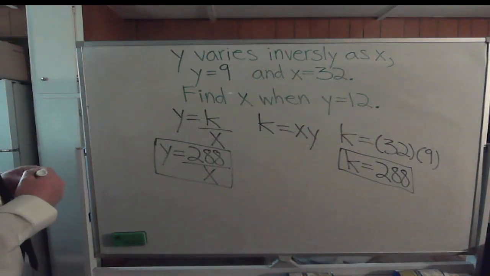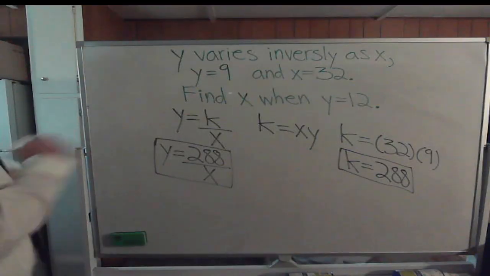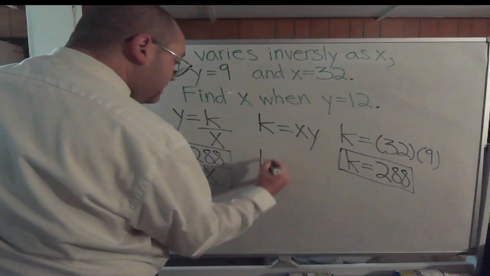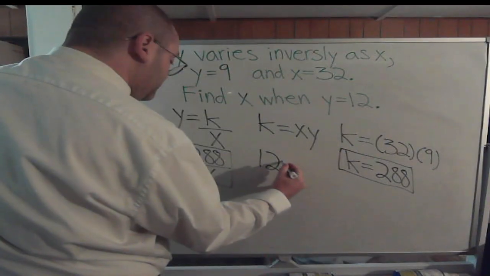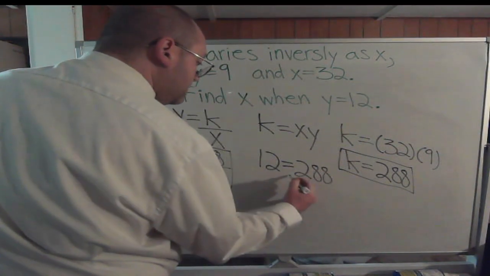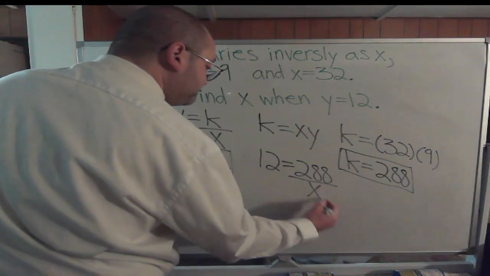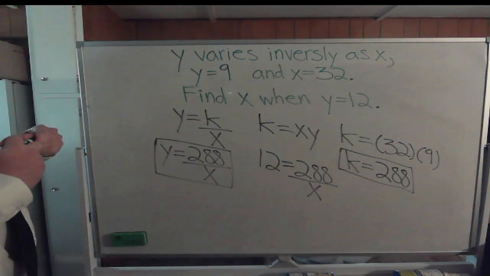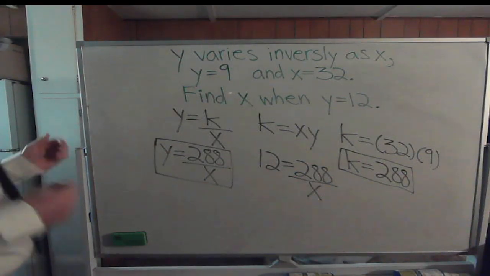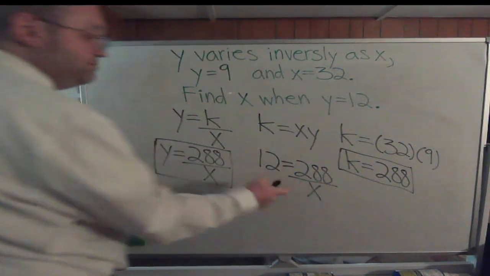Well, what we have to do, once again, is plug in your values, but this time they give you y. Y equals 12. You'll have 288 over x. This actually isn't going to be too bad, because we want to get that x out of the right hand side and move it to the left.